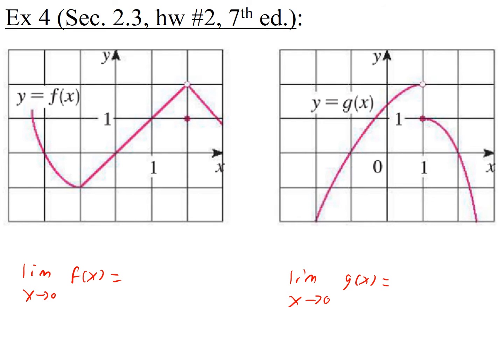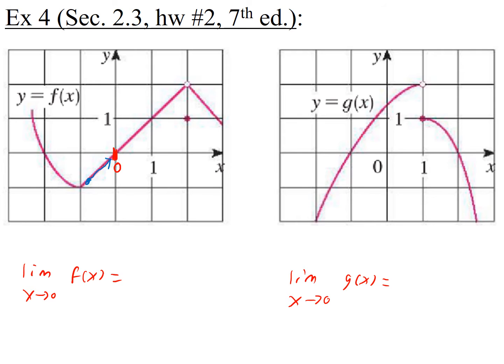Okay, so if we look at f, on the x-axis, x equals 0 is right here. To see if that limit exists, I'm going to be thinking of left and right hand limits. So I'm going to first start on the left of 0, somewhere here, let's say, and I'm going to be moving towards x equals 0, staying on the graph, so that means we're moving that way. And as we head that way, where do the y coordinates look like they're going to?